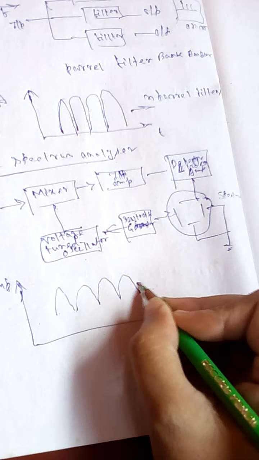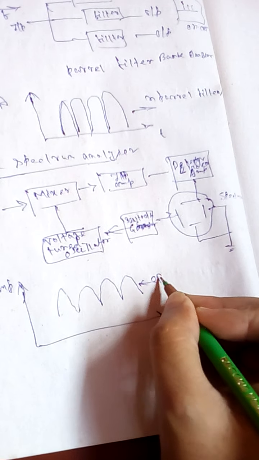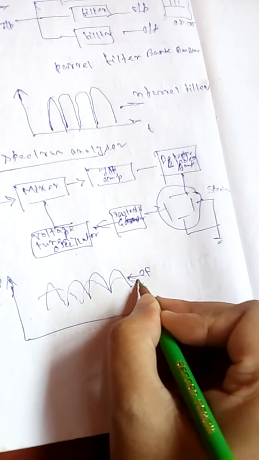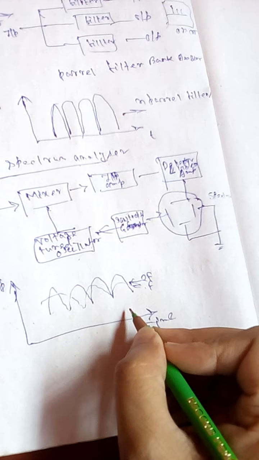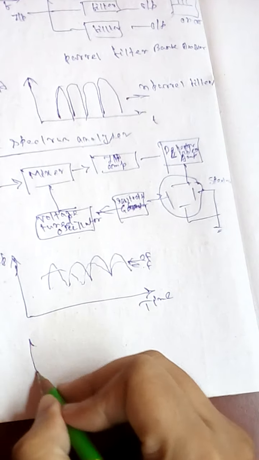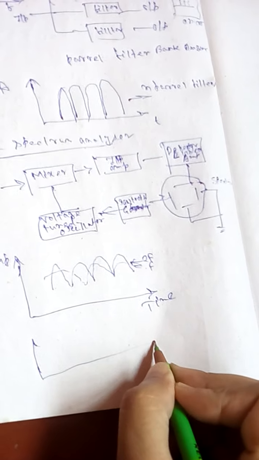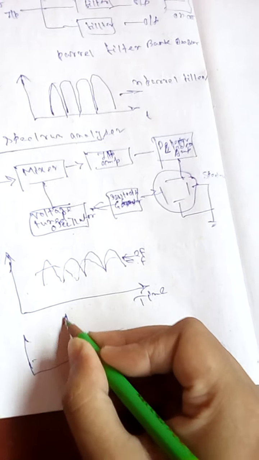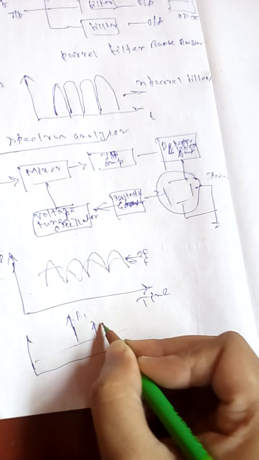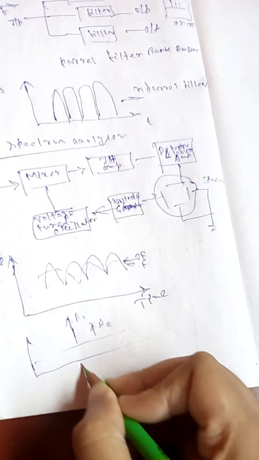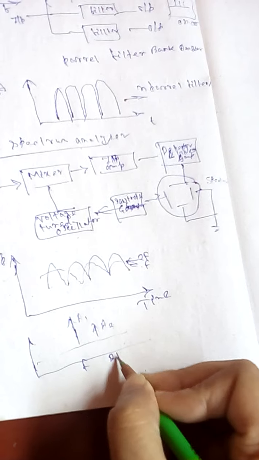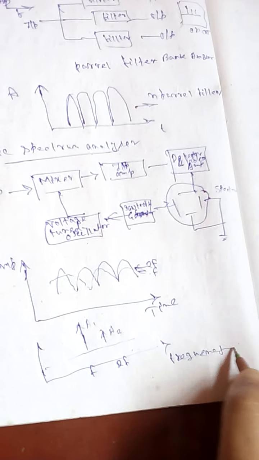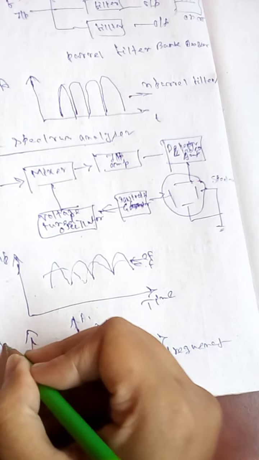This is for F and twice F. If we display the spectrum, this is amplitude A1 for frequency F and amplitude A2 for twice F. This is the graph of frequency versus amplitude.